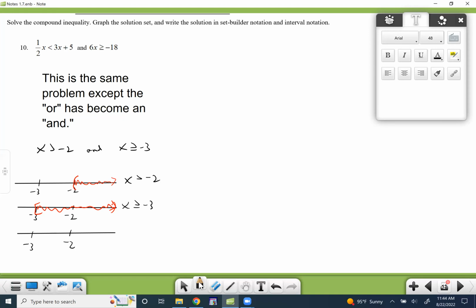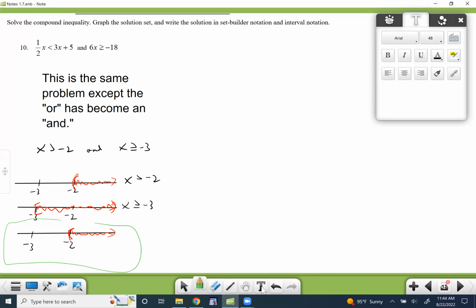So I'm looking at where I've been shaded on both. I am not going to shade this region because it wasn't shaded on both. The overlap seems to be right there, so I'm going to shade that. I'm going to use a parentheses because that's what I see here on the -2. Okay, so that's going to be our solution for this one. So let me box it.